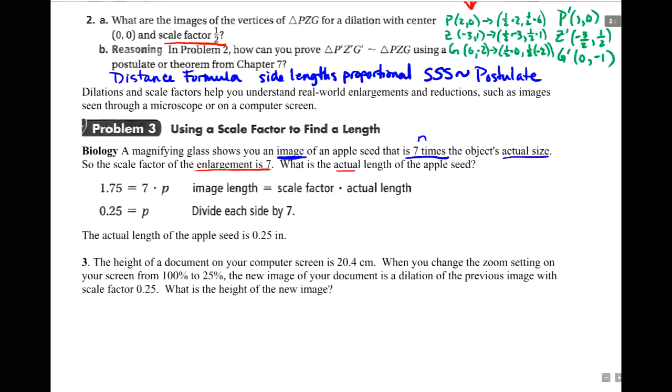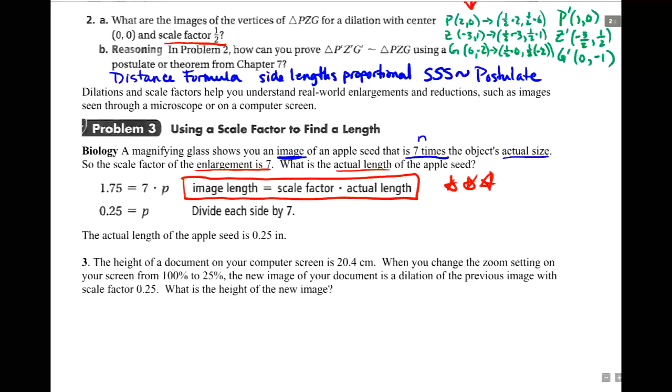What is the actual length of the apple seed? Well, here is a formula that you should mark, put stars around, flashing neon, that's almost a star. Image length equals scale factor times actual length.